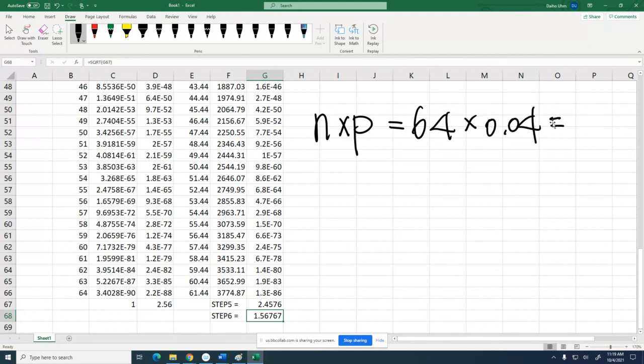Simply just take the multiplication: 64, n, number of independent trials, times the p, probability of success, 4%, 0.04. How much would that be? Did you get 2.56? Interesting.